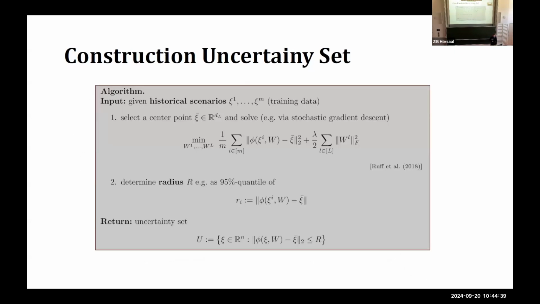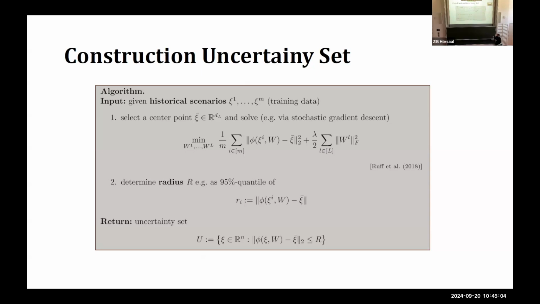And yeah, you can again use these gradient methods to train something like this. So you're training now, you're mapping your data, your scenarios close to a center of the ball. So you're minimizing these norms. Again, you have a regularizer. And then if your network is trained, you can define your uncertainty set like this.